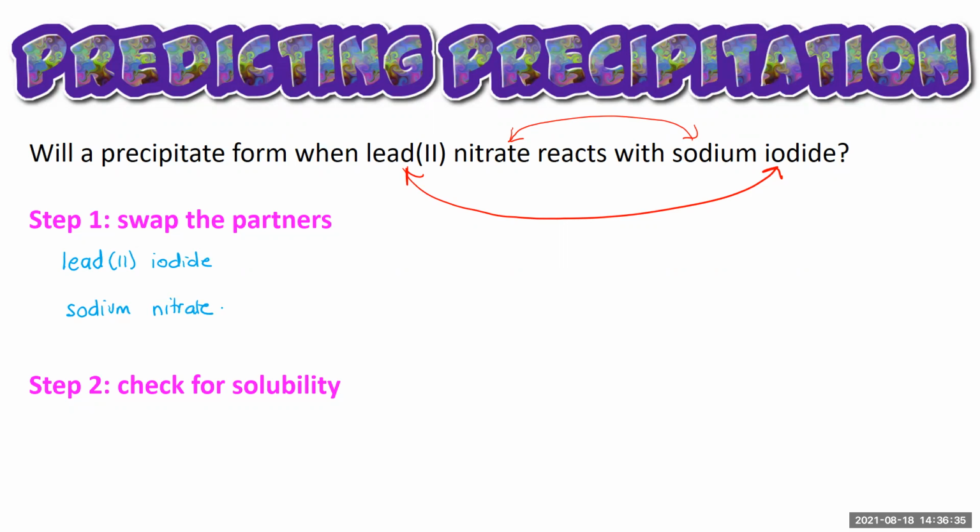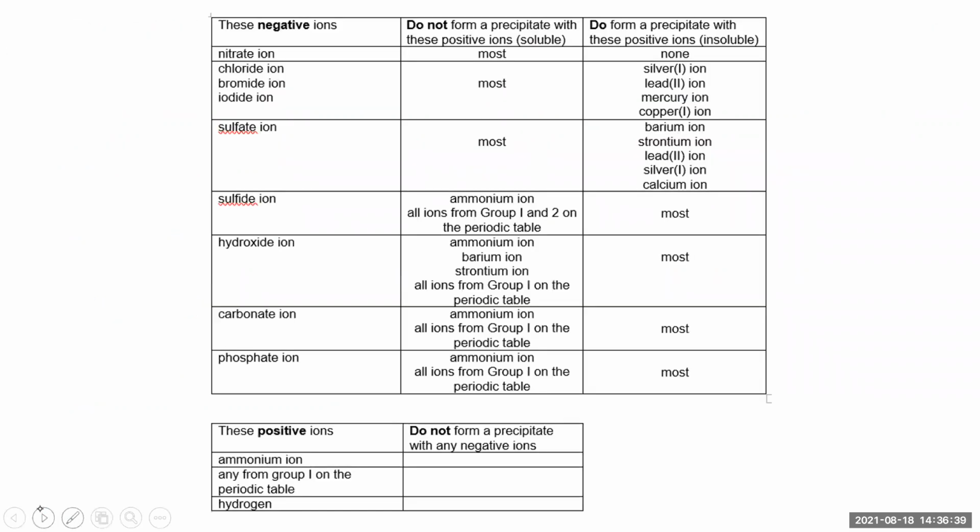The next thing we're going to do is check for solubility. So let's look at our solubility rules. And we've got iodides. So we're looking at our iodide row of the solubility rules. And we're seeing where we might find lead 2. Here it is over here. It's in the insoluble section.